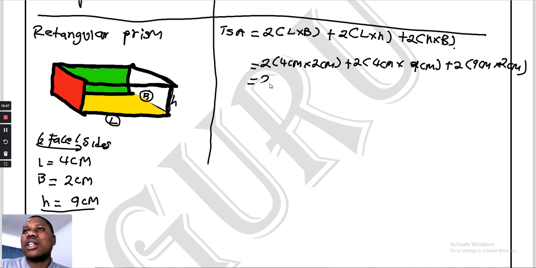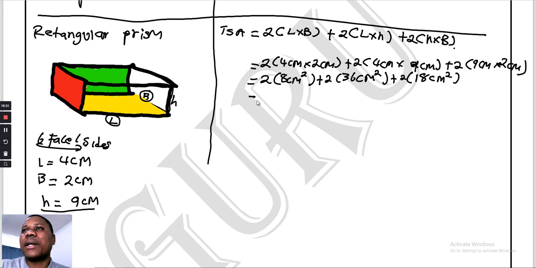Okay, so this is going to be 2 into 4 multiplied by 2, that is 8 centimeters squared, plus 2 into 4 multiplied by 9 is 36 centimeters squared, plus 2 into 9 multiplied by 2, that is 18 centimeters squared.